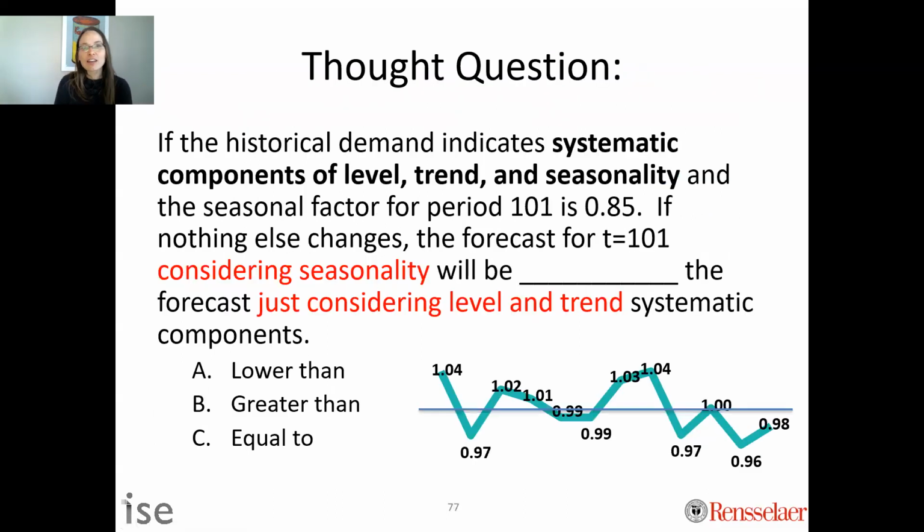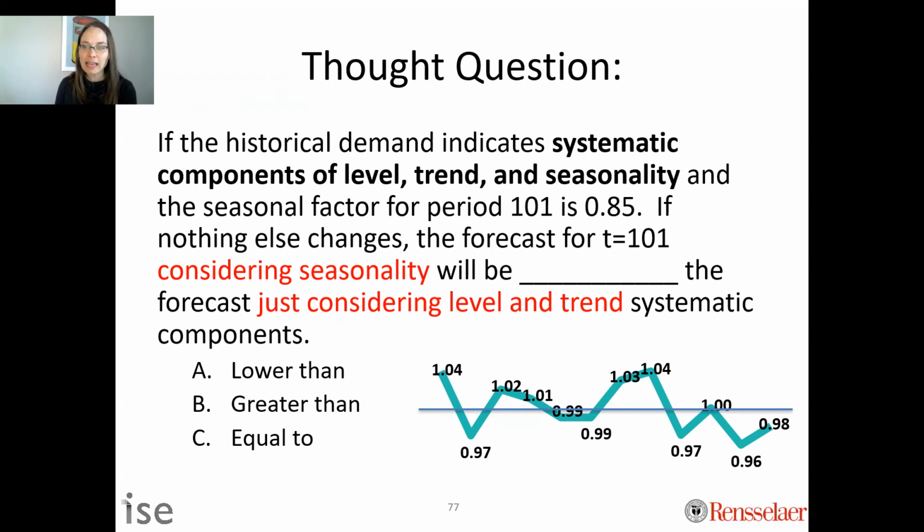All right, so my next thought question is to make sure you're following along and understanding what's going on. If the historical demand indicates there are systematic components of level, trend, and seasonality, and the seasonal factor for period 101 is 0.85, and nothing else changes, the forecast for t equals 101, considering seasonality, will be blank the forecast just considering level and trend systematic components.